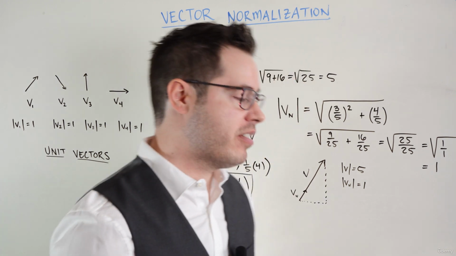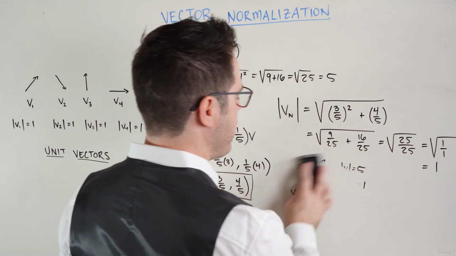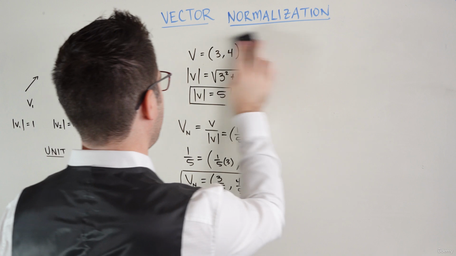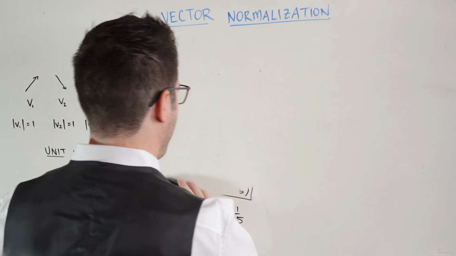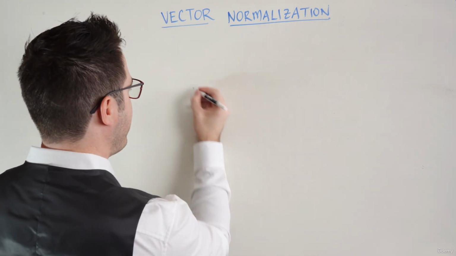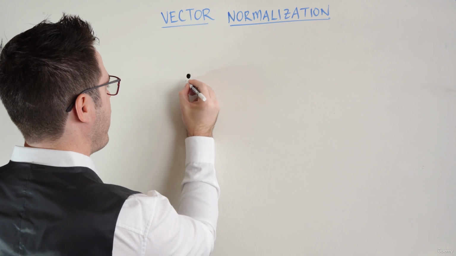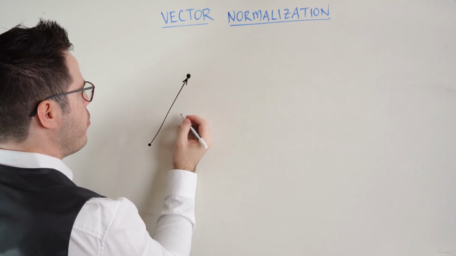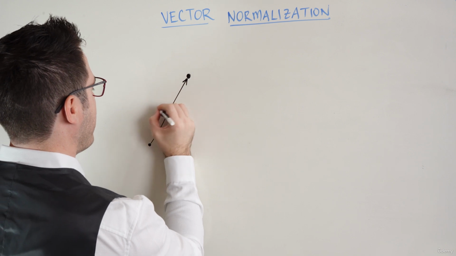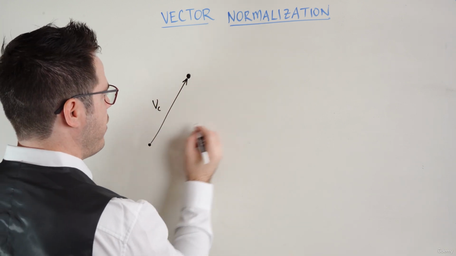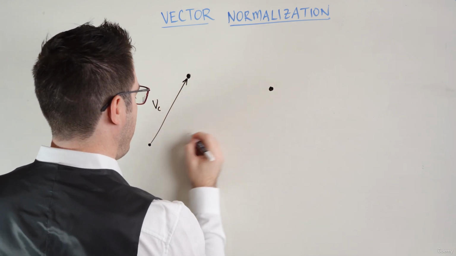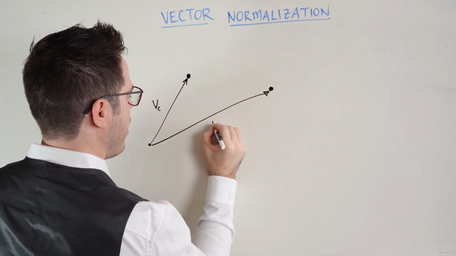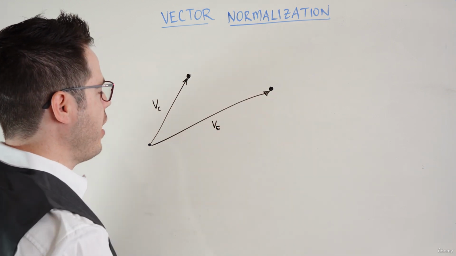Vector normalization is always going to be useful for us because sometimes we need a vector with a length of 1. Let's take a look at a very simple example. Now I have a character, and my character has a location in space. If I draw the vector from the origin to this character, we have a vector, we'll call it v sub c. And let's say that we have an enemy, and the vector from the origin to that enemy can be represented by v sub e, e for enemy.